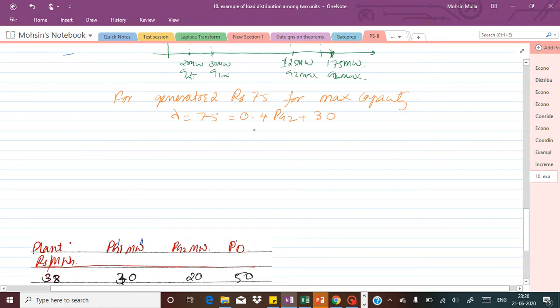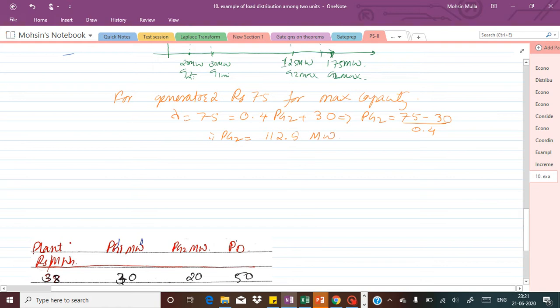By solving this we get Pg2 equal to (75 minus 30) divided by 0.4. Therefore Pg2 equals 112.5 megawatt.